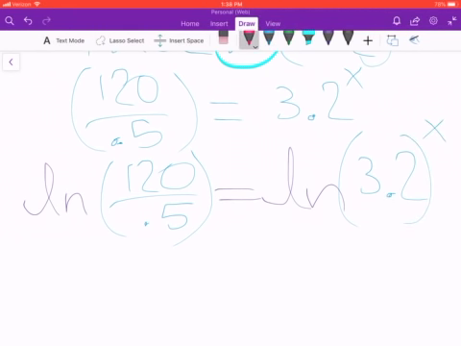From there, make sure you remember or you are familiar with the power property of logarithms. So that says that the exponent becomes the coefficient.